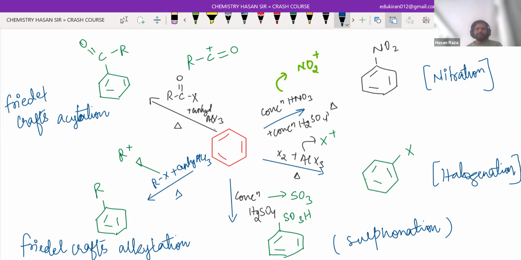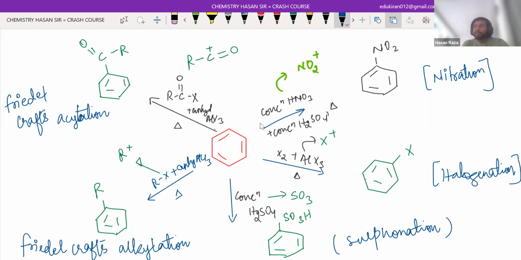Please do write. If there is any group already on the benzene in the reactant, with respect to that group we generally add the new group on ortho and para. I'm going to give you a question on that.